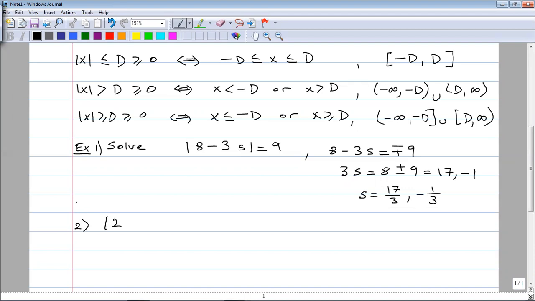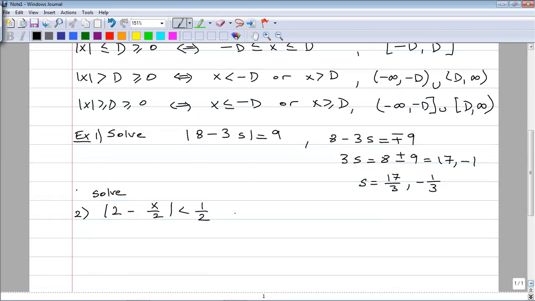So let's say, okay, again, solve absolute value of 2 minus x over 2 less than 1/2. So using the inequality we set up above, this means 2 minus x over 2 is between minus 1/2 and plus 1/2.